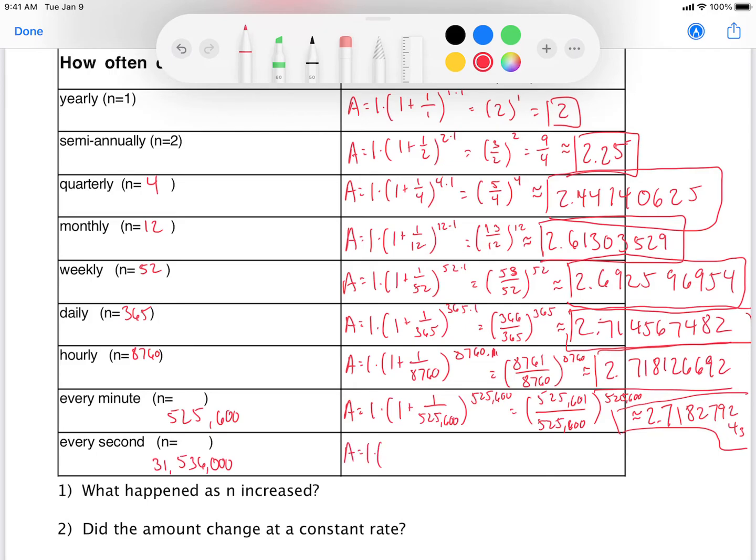1 times (1 plus 1 over 31,536,000) to the 31,536,000 power, which is equal to 31,536,001 over 31,536,000 to the 31,536,000 power, which gives us approximately how much?